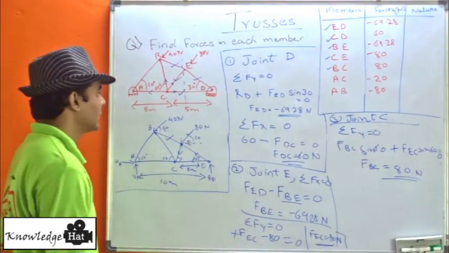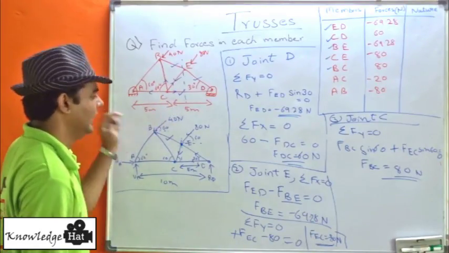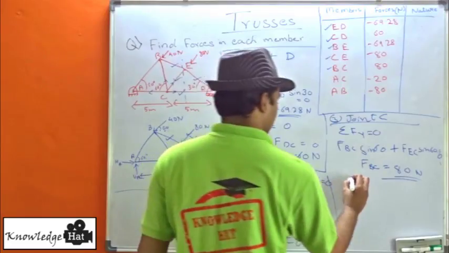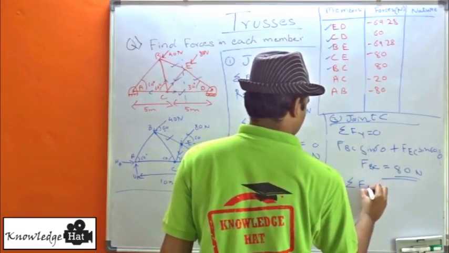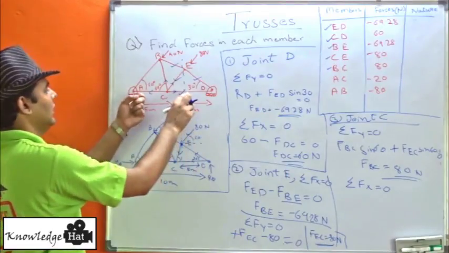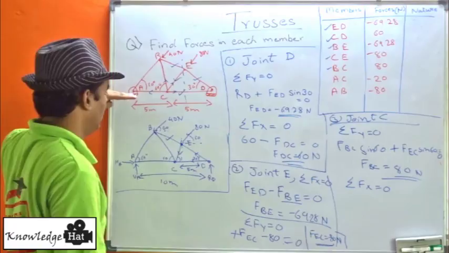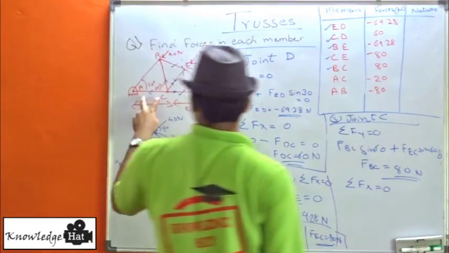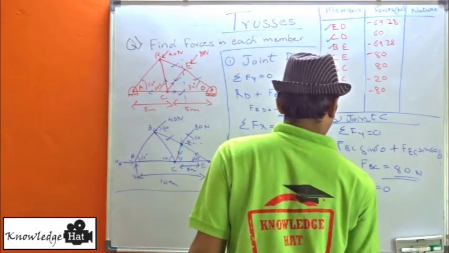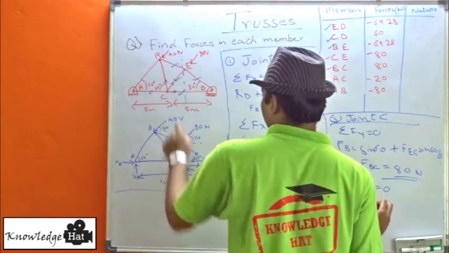The next one is at joint C, we take summation Fx equated to 0. Now we have two forces in opposite directions on the horizontal x-axis. First is negative F of AC, positive F of CD.